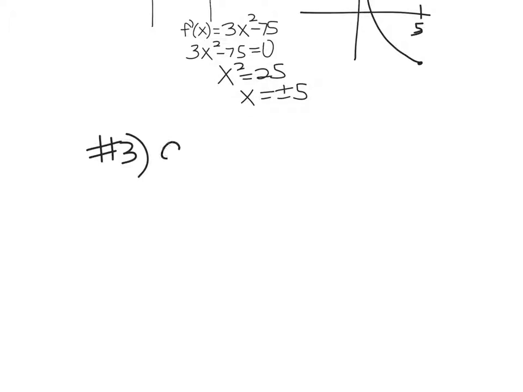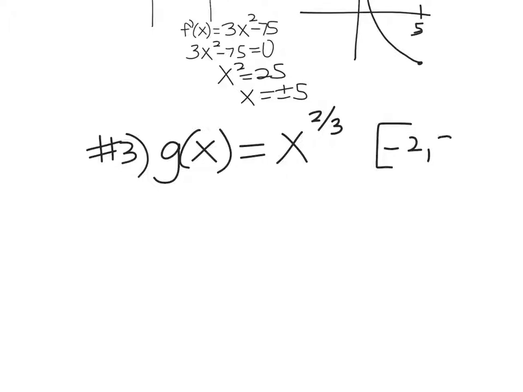Okay, let's do this one. G of x equals x to the 2/3, gross, on the interval from negative 2 to 3. So what we're going to do is have our x value, our f of x value, and we're just going to do max or min.